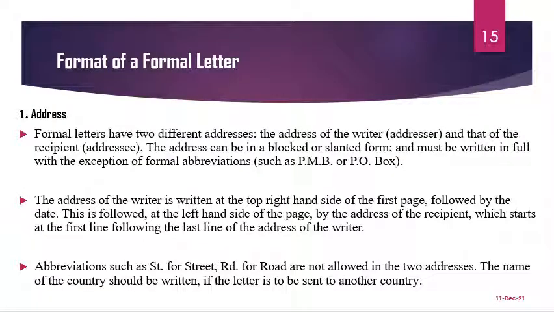The format of a formal letter. First, we have an address. A formal letter has two different addresses: the address of the writer, which is known as the addressor, and that of the recipient, the addressee.